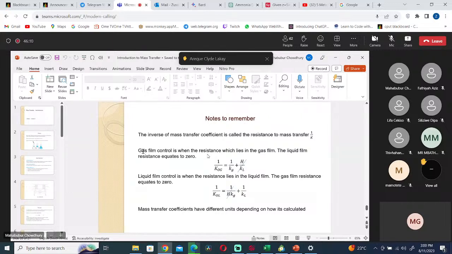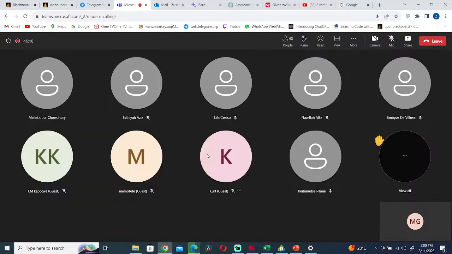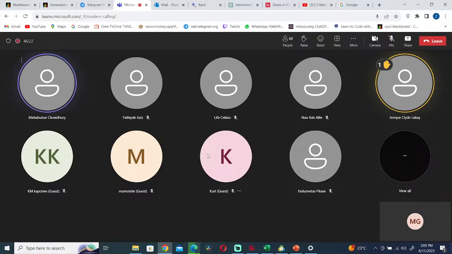Right. So guys, any question so far? I see Lekay has his hand up. Sir, what does the H stand for? Capital H. It's a Henry coefficient.